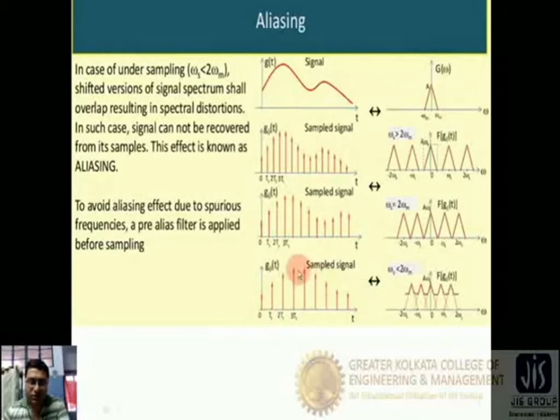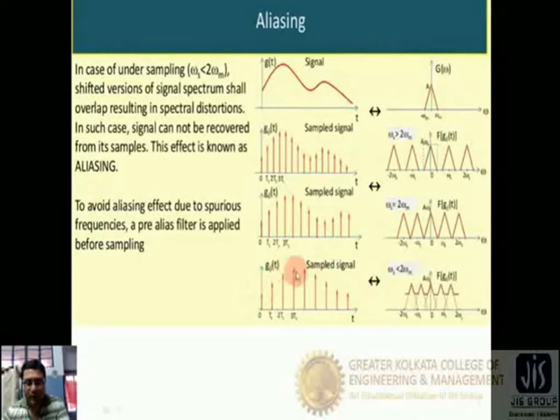See, this input signal looks like this, and due to the lower sampling the distortion occurs and the shape of the input signal gets changed.